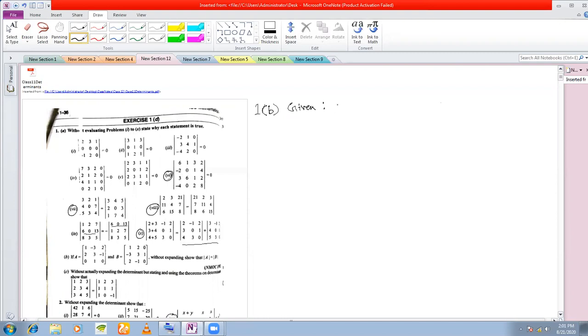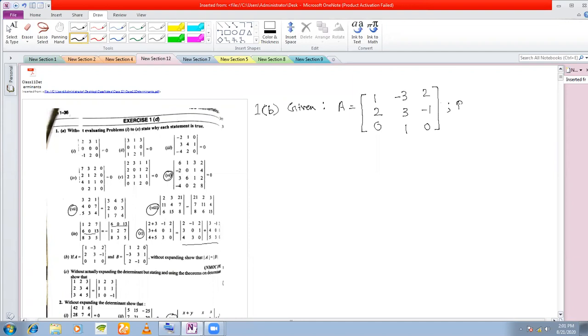A is equal to this matrix 1, 2, 0, minus 3, 3, 1, and 2, minus 1, 0.